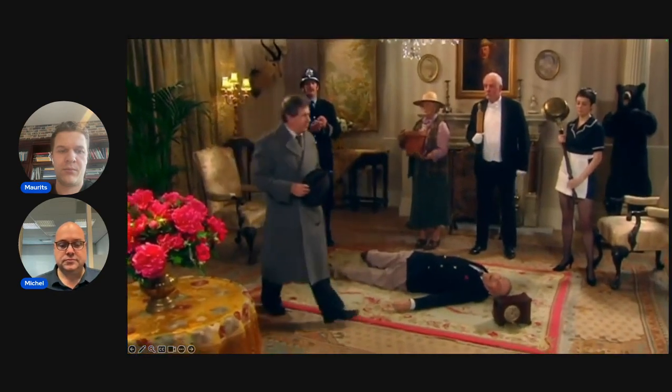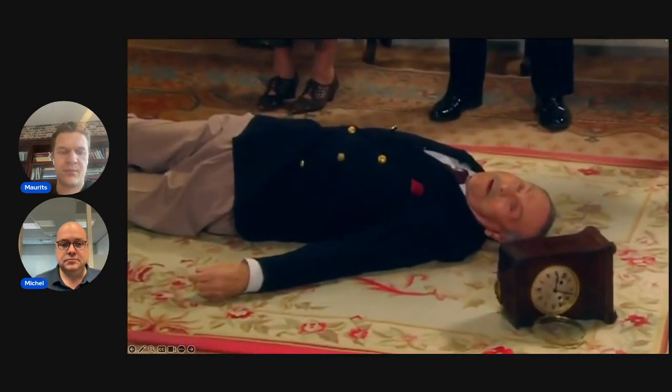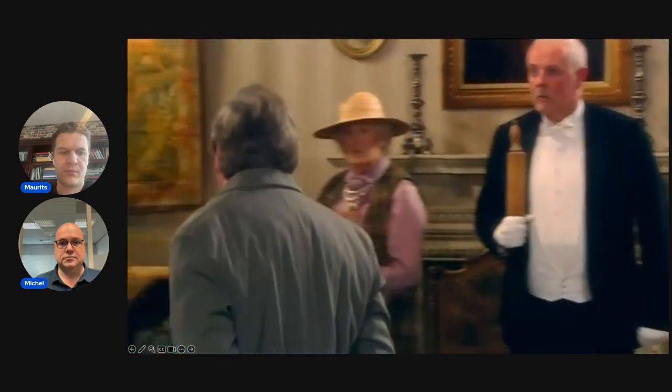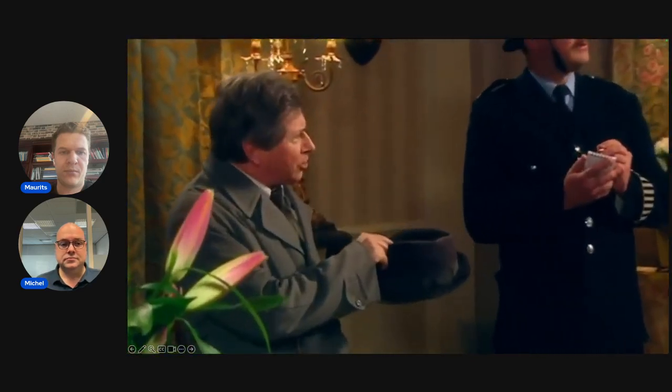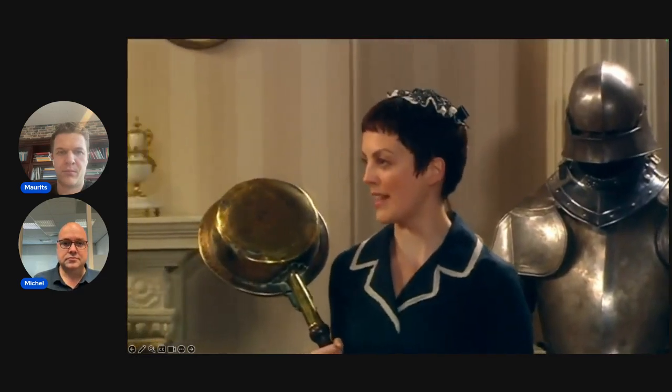Clearly, somebody in this room murdered Lord Smythe, who, at precisely 3:34 this afternoon, was brutally bludgeoned to death with a blunt instrument. I want each of you to tell me your whereabouts at precisely the time that this dastardly deed took place. I was polishing the brass in the master bedroom.